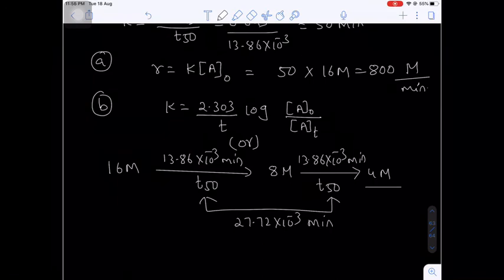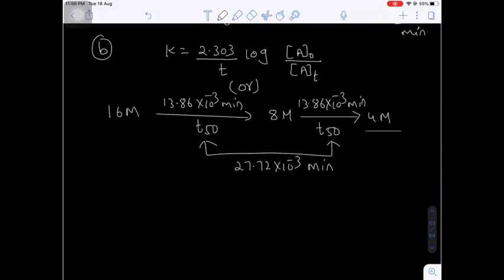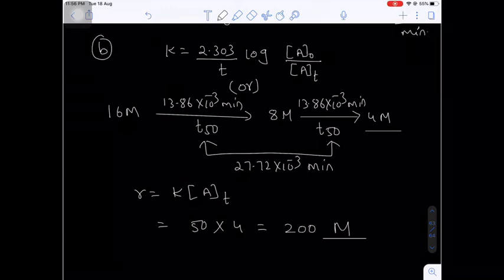That means what is the concentration of reactant after 27.72 into 10 raised to minus 3 minutes? 4 molar. So after getting the concentration of the reactant, we can directly find the rate of the reaction at 27.72 into 10 raised to minus 3 minutes, which is equal to K, that is 50, times the concentration of reactant at time T, that is 4 molar. That will be equal to 200 moles per liter per minute.